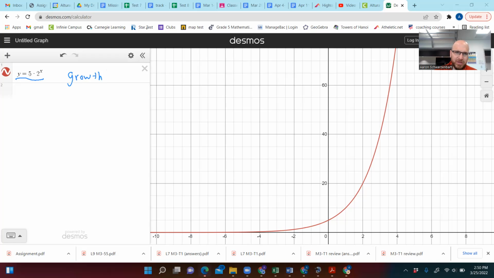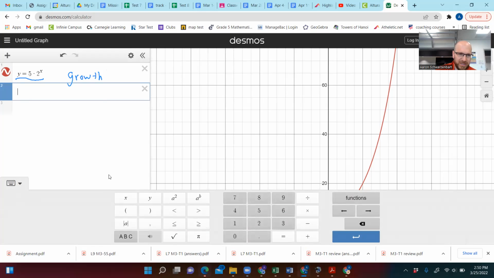Below it, I'm going to put a decay function. So I'm just going to add another line in Desmos. And here, it pulled up the Desmos keyboard for me, which is kind of nice. It's down in the lower left-hand corner down here. You'll click on the little keyboard thing. And I can use my regular keyboard to type things, but it's helpful to have this Desmos keyboard for other things.